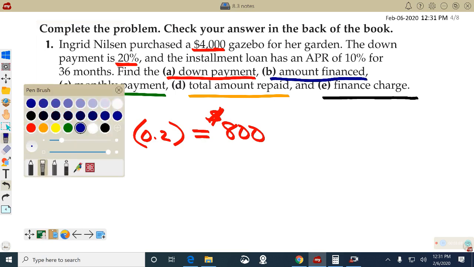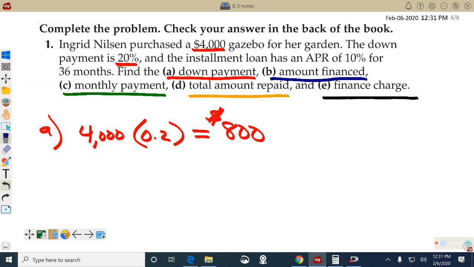Part B then is, okay, how much is going to be financed? How much is the bank going to give her so she can take the gazebo home today? That's part B. That's the amount financed. The amount financed is the price minus the down payment.